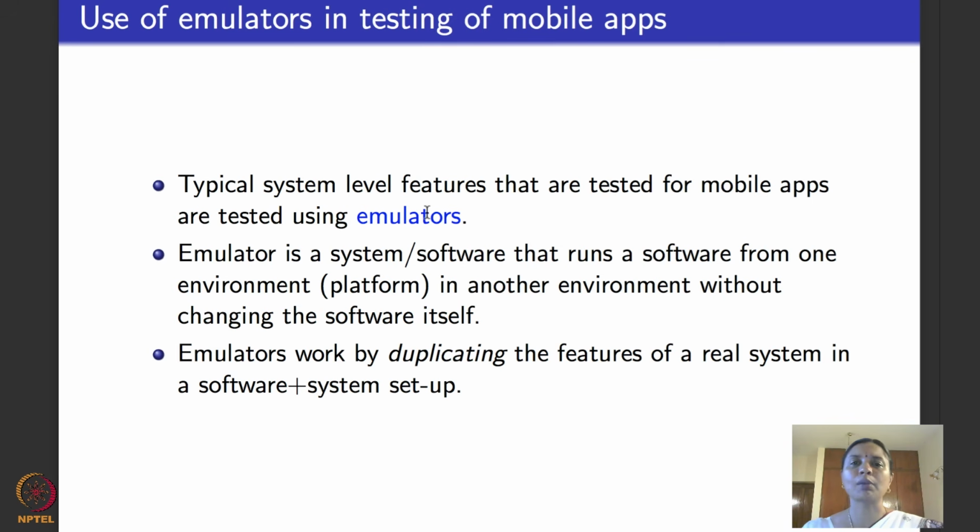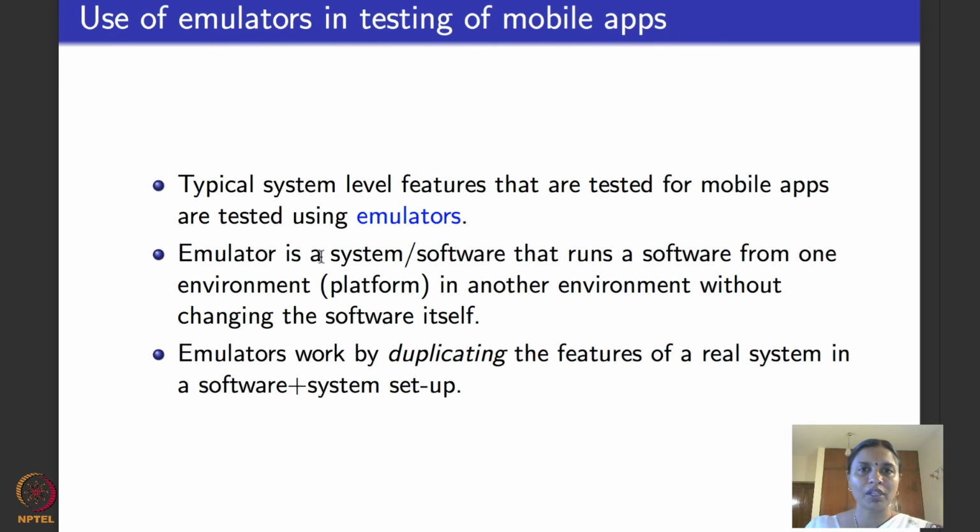For example, using an emulator, you configure it for a particular device that runs the Android operating system, with this as the screen resolution, this as the display brightness, and this is how the touch screen coordinates look. And then for the same app, let's say you want to test it for the iPhone.